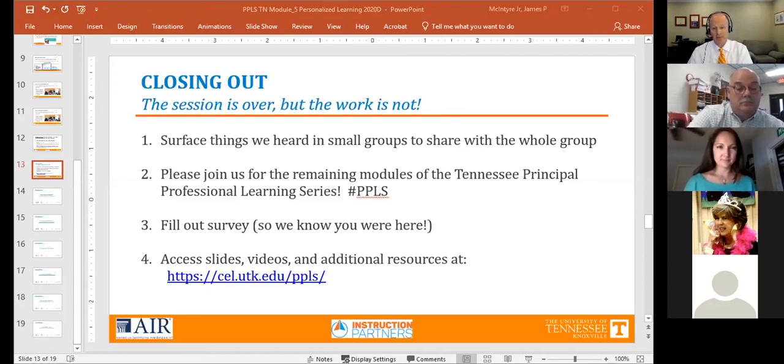It may look very different in the fall, and it may look very different if we're in a hybrid or remote situation, but hopefully that's what we ground ourselves in. We're very good at teaching children and building relationships. If that's the foundation, then that's a really good start for all of us. We'll make these shifts and transitions together, and we'll be able to serve our students well and hopefully employ some of these personalized learning strategies that we've talked about today.